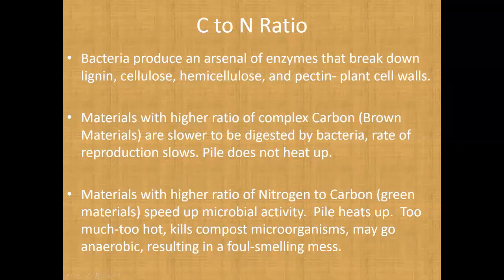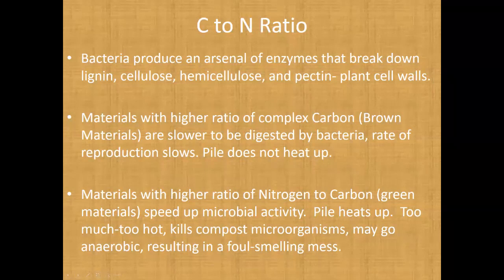And so therefore we don't get the thermal activity there, which can be an issue because if it slows down too much, we can start to get into anaerobic conditions where there's lack of oxygen, and we don't want that in this type of composting.